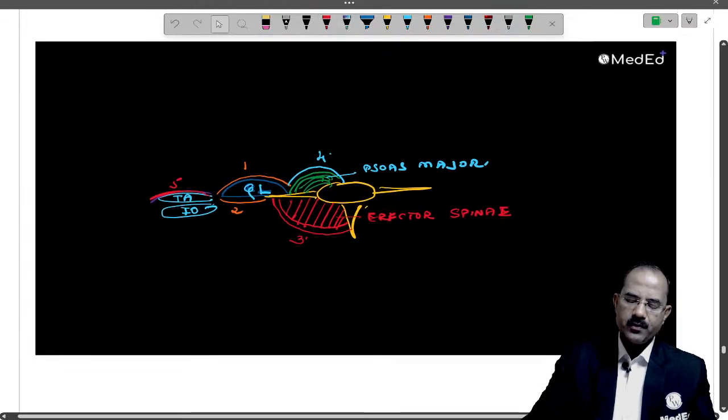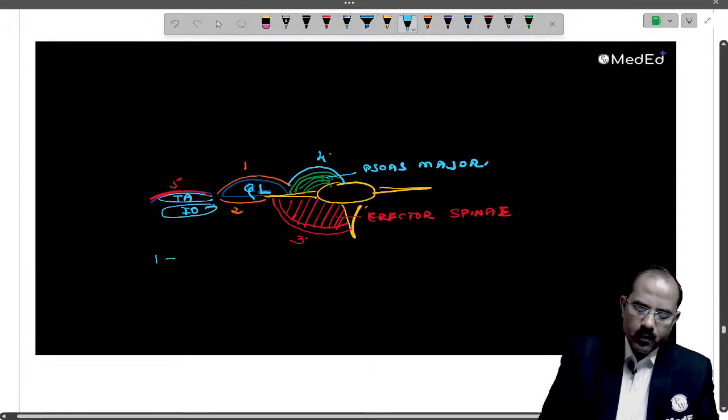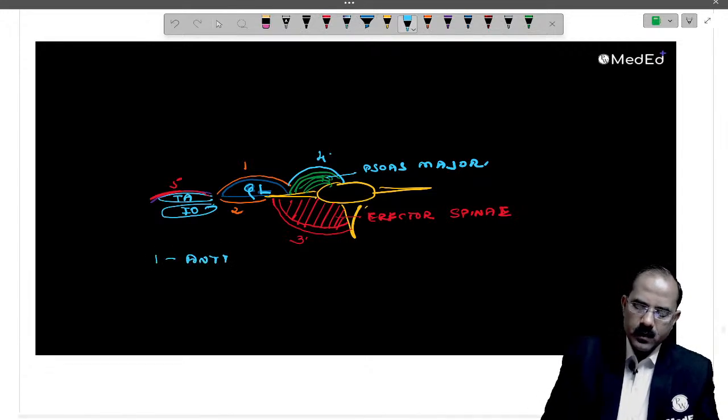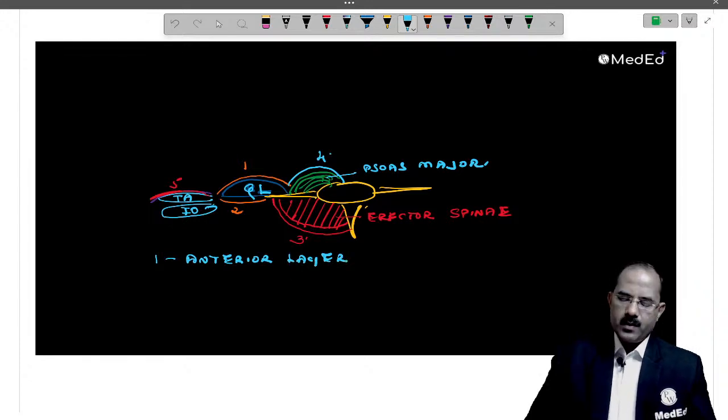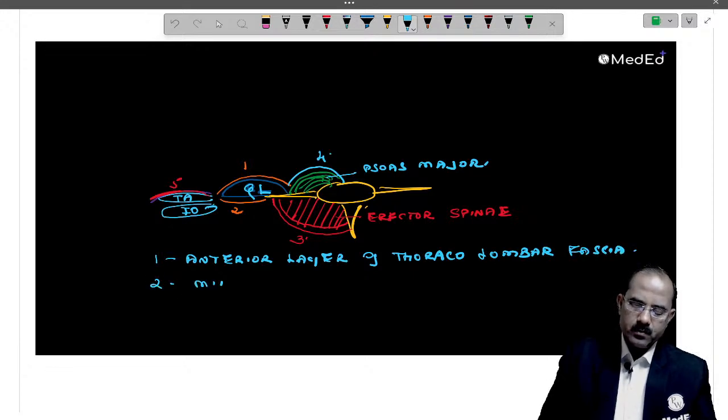Look, I'll just mention this for you. Number 1, the anterior layer of thoracolumbar fascia. Number 2 is the middle layer of thoracolumbar fascia.